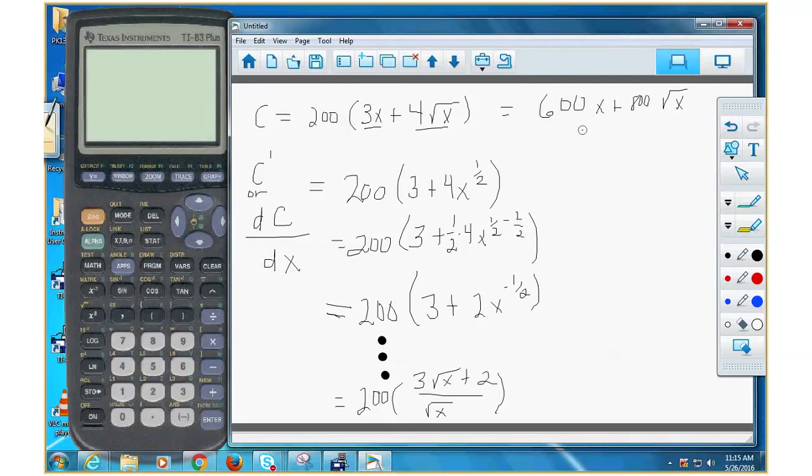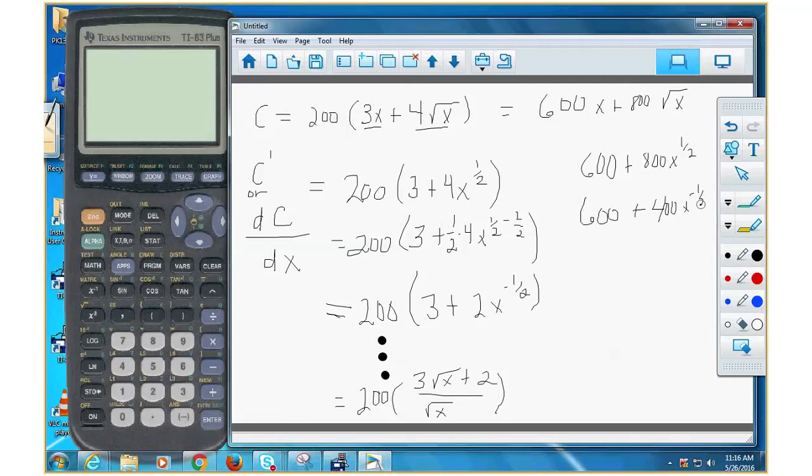Now, if you do it over here, what's the derivative of 600x? 600 plus 800x to the 1/2. And that's going to be 600 plus 400x to the negative 1/2.